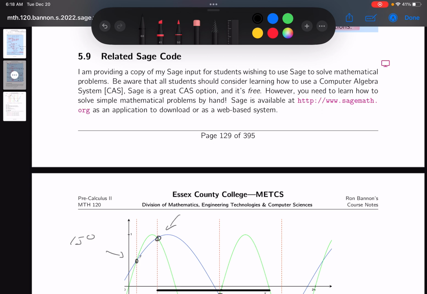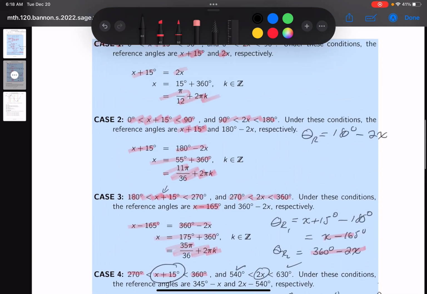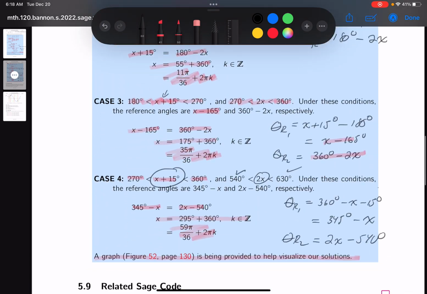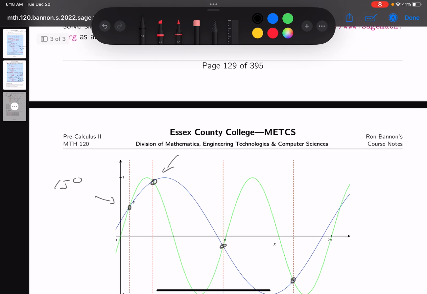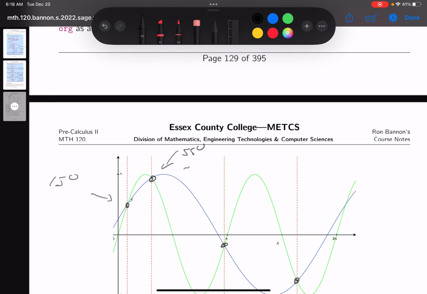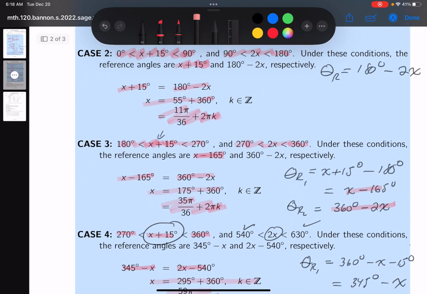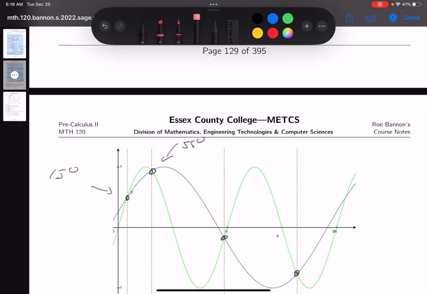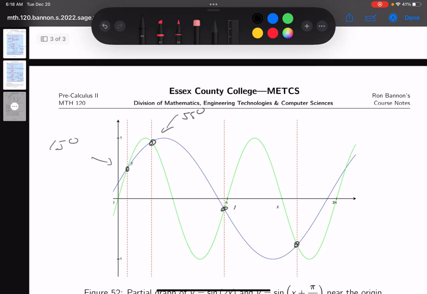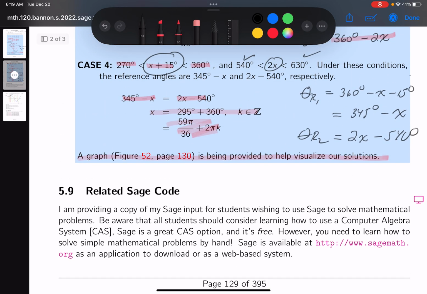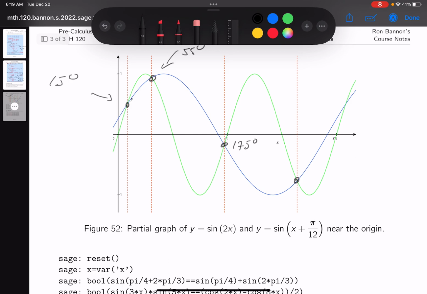The degree measure over here will be the next one I found, which was 55 degrees. The next measure we found was 175 degrees, and the next measure I found was 295, and I'll put this over here.